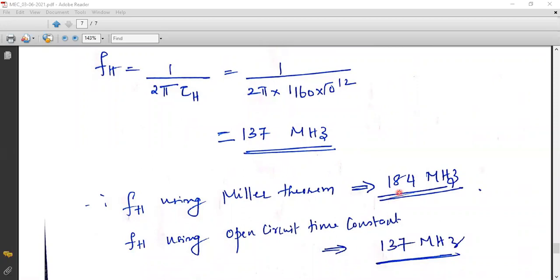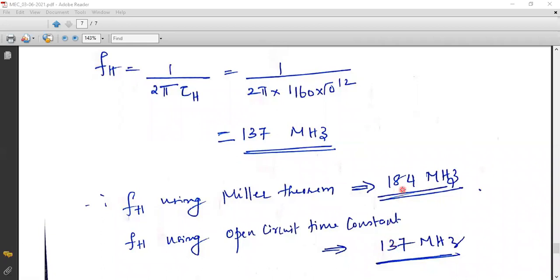Being an engineer, or being a user of an amplifier, you will be giving your input till 137 megahertz, or not up to 184. Okay. You can give till 100 megahertz, then you will be getting much more gain, because if you go with 184 or above 184, the gain will be very less, because the actual cutoff frequency itself is 137.